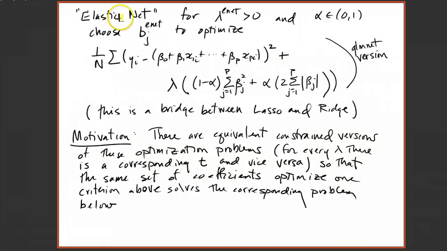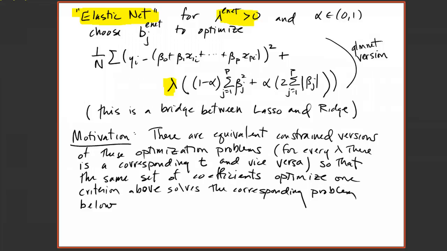There is a compromise between these two ideas, something called an elastic net, that for a value of lambda, I see I've superscripted that, and then I didn't superscript it down here. You'll just have to ignore that.